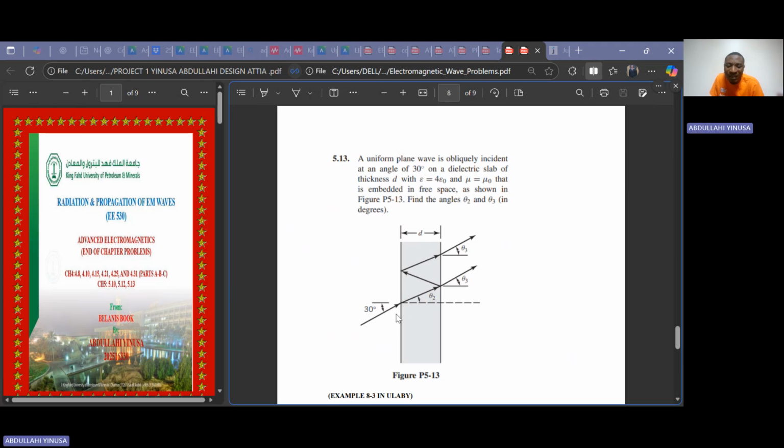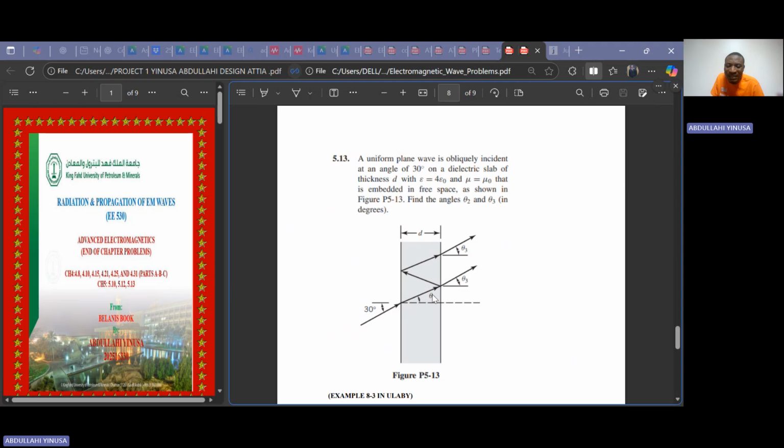So sine 30 is equal to, when you take the square root of 4, that is 2 sine theta 2. From there you make theta 2 the subject of the formula, and then you arrive at our theta 2, which was asked to be calculated in degrees. Then this is going to become our incident angle at this place.